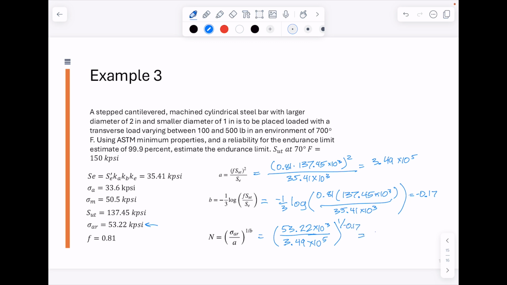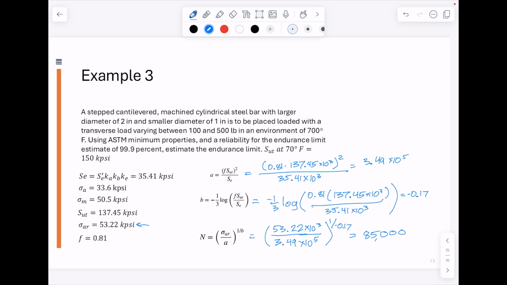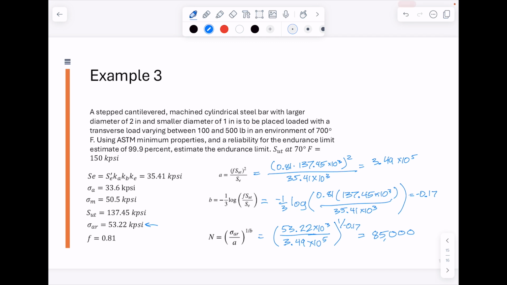And that will be equal to 85,780 cycles, or we just say 85,000 cycles, because we don't want to give the impression that we know the number of cycles that we can rate this to with that much precision. So I will usually go down to the next round number there. So we can rate this part for 85,000 cycles.